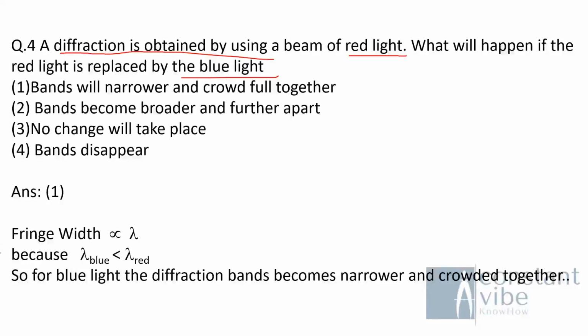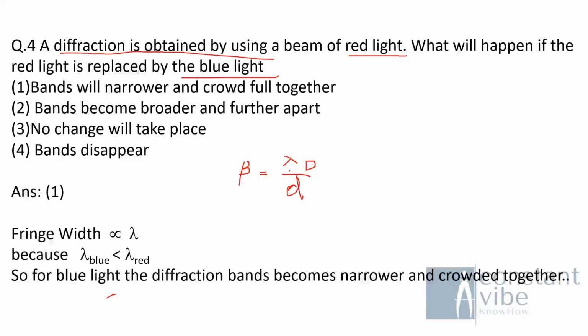We know the fringe width beta equal to lambda capital D by small d, where capital D is the distance to the screen, and the small d is the slit width.